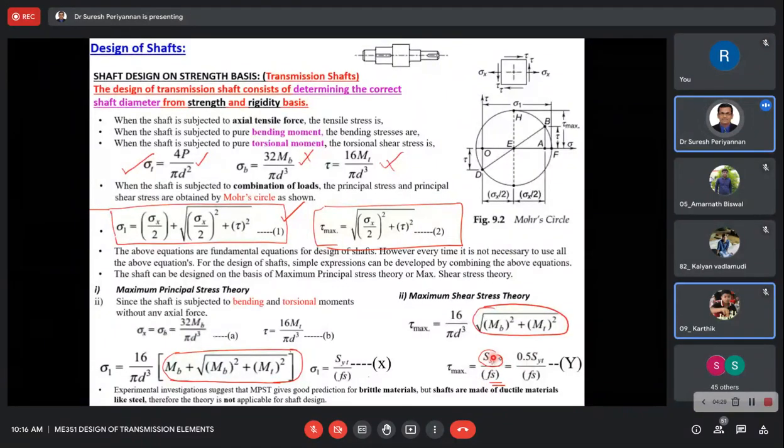For the shear yield, in the design of machine elements, we take 0.5 times SYT divided by Fs. This is the permissible value. From these relations we are able to find the diameter of the shaft. The maximum principal stress theory, MPST, is suitable for brittle material, and the maximum shear stress theory is suitable for ductile material.